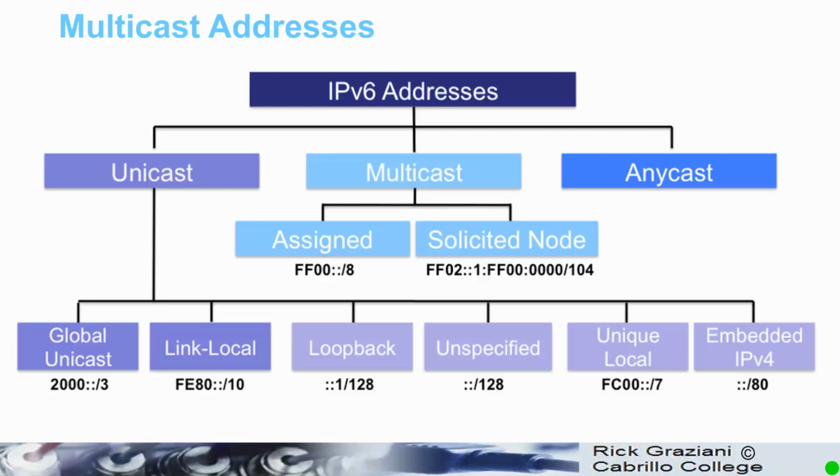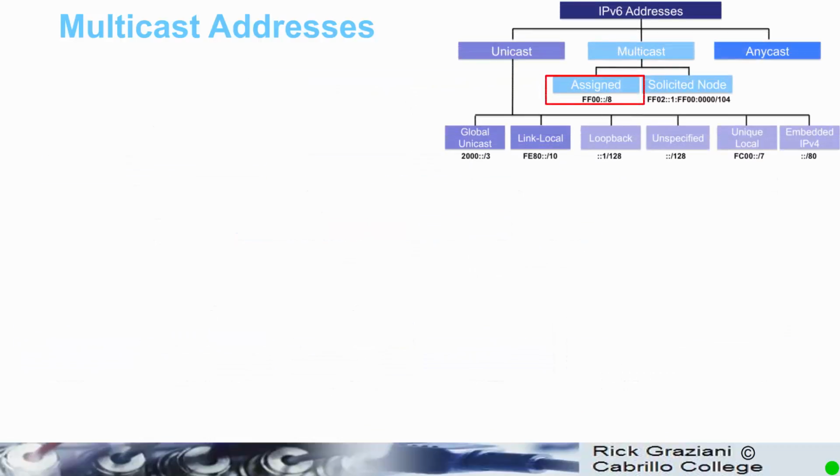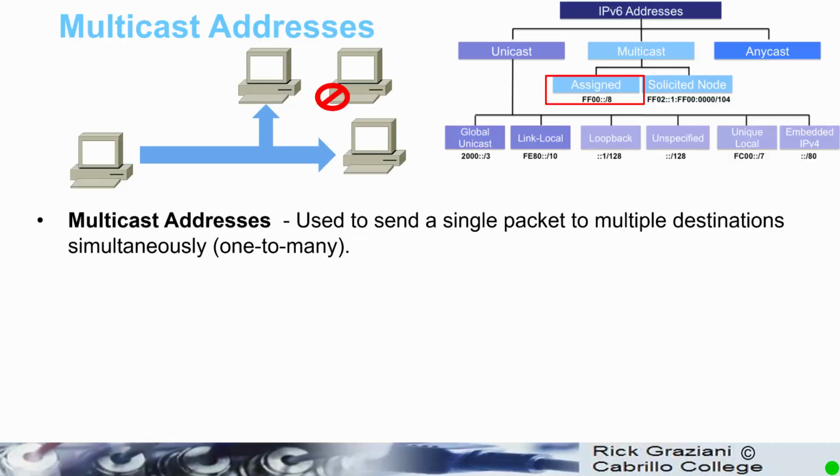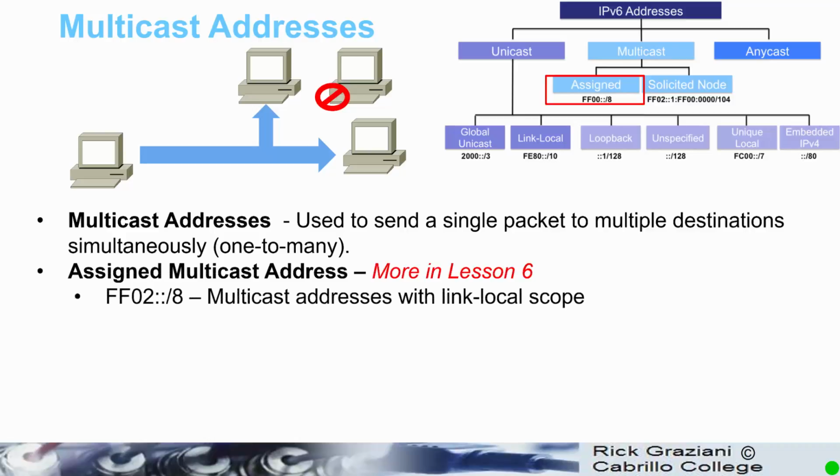Alright, so let's look at multicast. Multicast is used to send a single packet to multiple destinations. It's more of a one-to-many. It's assigned a multicast address, again, more in lesson 6, of FF02::/8. This is a multicast address with a link local scope.